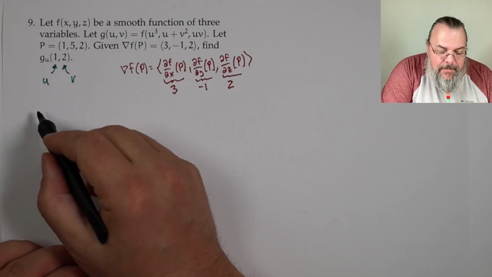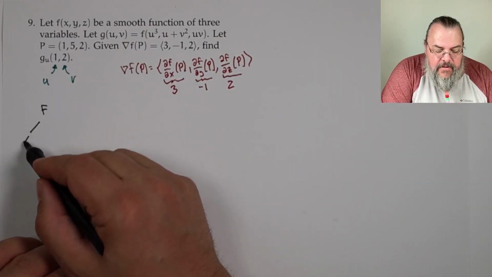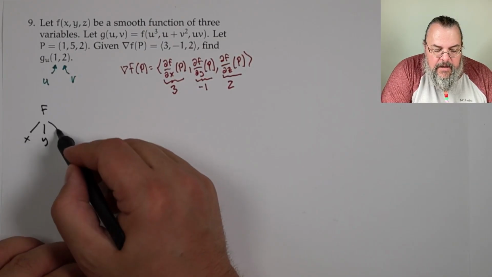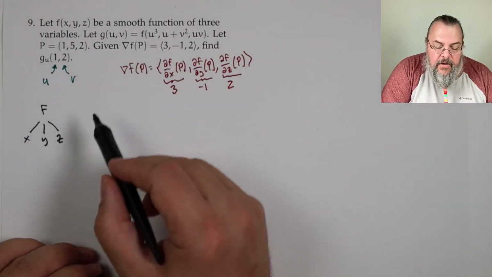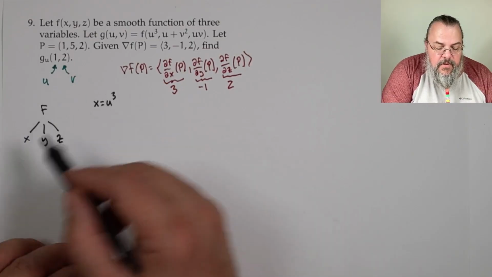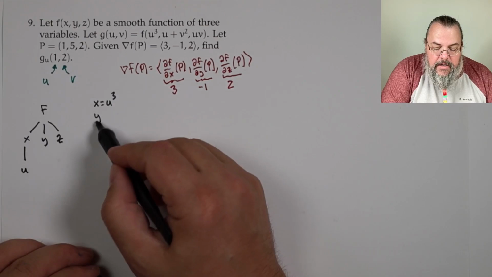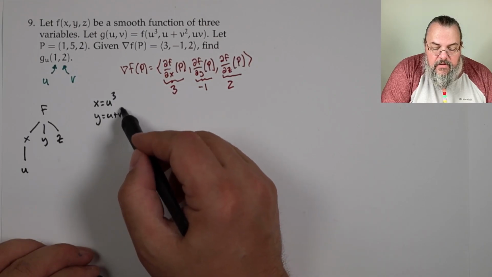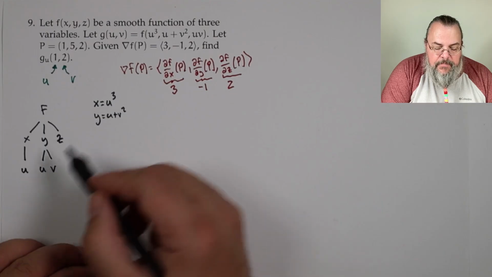So here's what I'm going to do. I'm going to start by saying I have my function f, which depends on x, y, and z. And now I look and say, well, what's going on? Well, we're saying that x is going to become u cubed. So x depends on just u. y is going to be u plus v squared. So y depends on u and v.